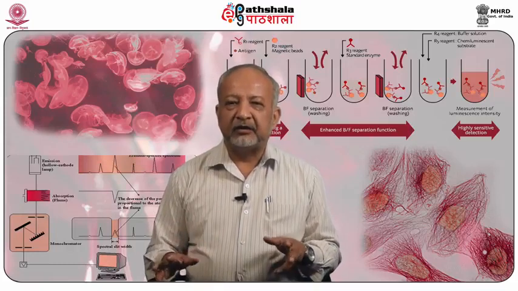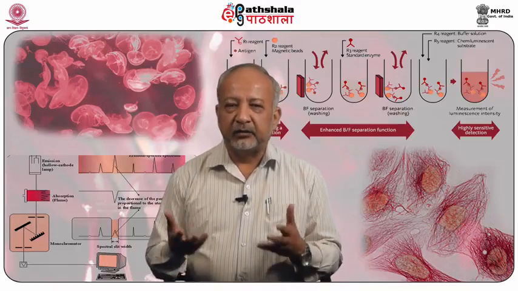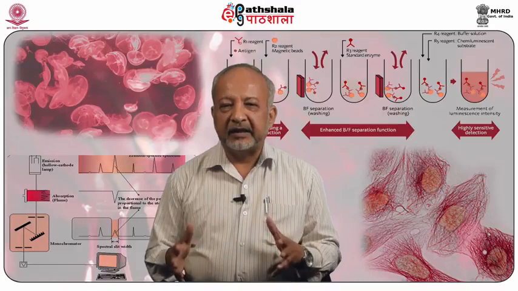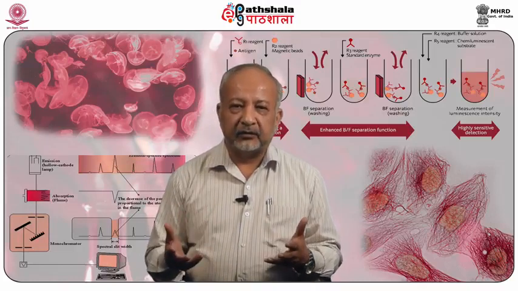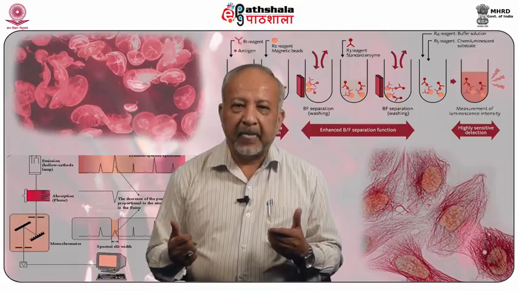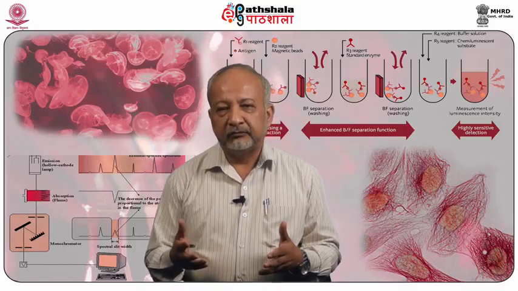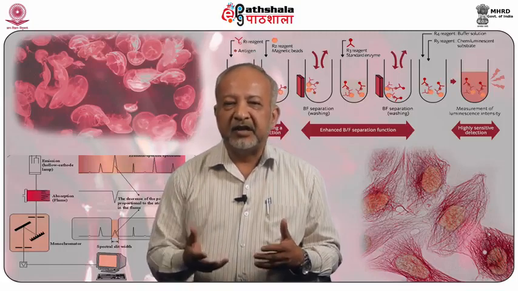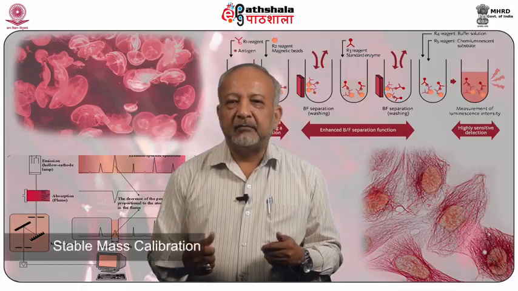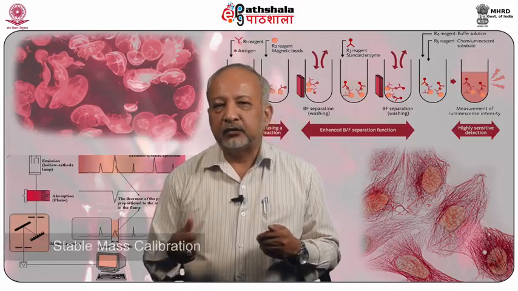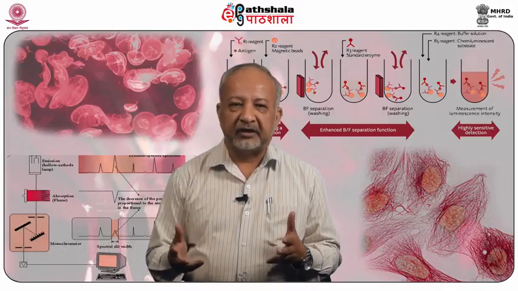It is very well suited for use with pulsed ionization methods such as MALDI, and as I told you earlier also, the MALDI ionization technique uses TOF as analyzer most of the time. Non-destructive ion detection is available here, and because of that you can remeasure the ions. Further, stable mass calibration in superconducting magnet FTICR systems can be used very successfully.